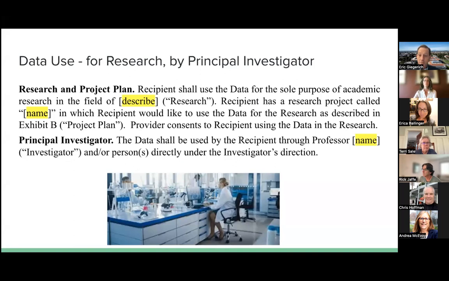Especially, they might want to restrict what your research is in some way. But there's usually a field of research. There might be a project title or project name, and then we will name a principal investigator, and the persons in the principal investigator's lab or under their direction would have access to the data.